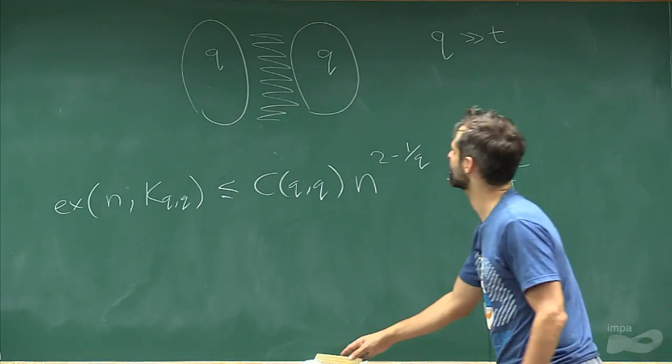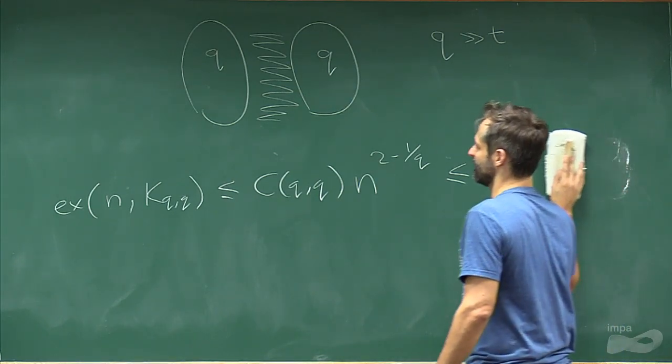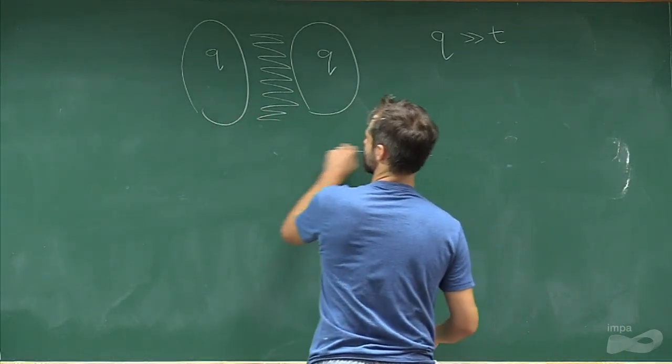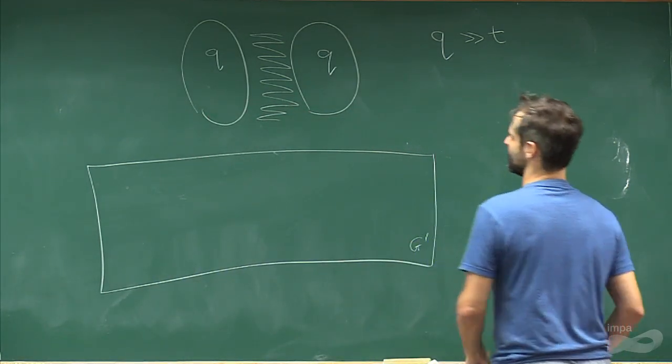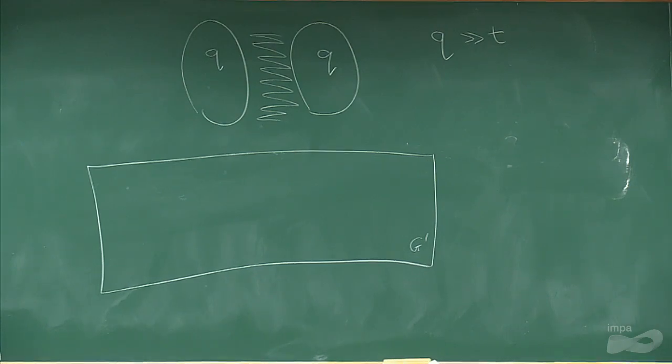Okay. So we find this, and then here's the rest of the world. Let's call it G prime. Now, how do you want to find this K_{t,t,t}?